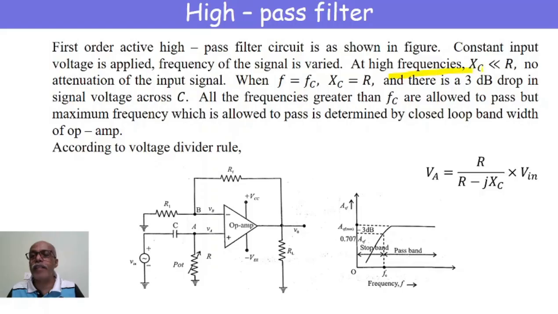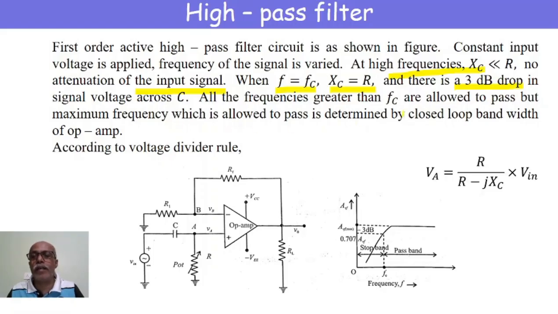At high frequencies, Xc, the capacitive reactance, will be less than R. No attenuation of the input signal takes place at higher frequencies when Xc is less than R. If f is equal to fc, then Xc becomes equal to R, and there is a 3 decibel drop in the signal voltage across the capacitor.